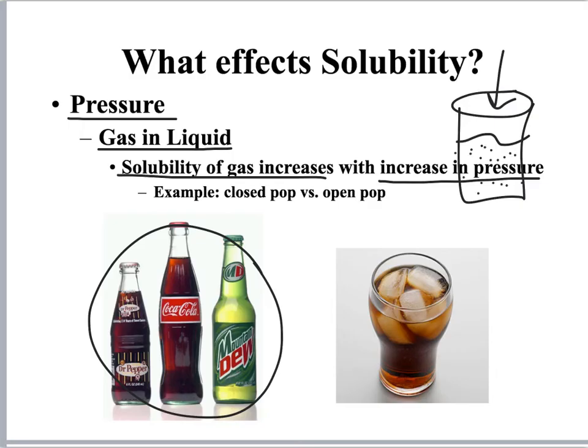That's why when you open up a soda bottle, it goes psst, and you release all that gas. You had a high pressure system above the liquid to keep the gas in. Once that gas pressure decreases, so does the solubility of the gas, and the bubbles form and come out of solution.